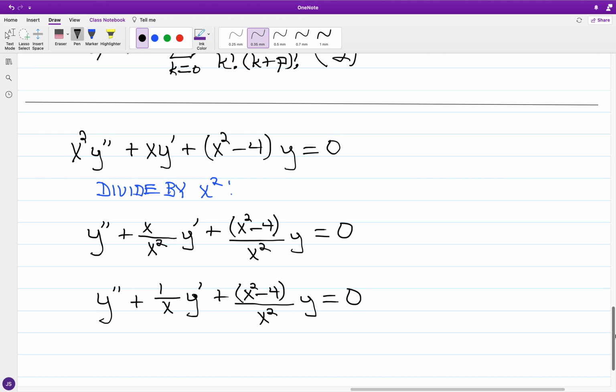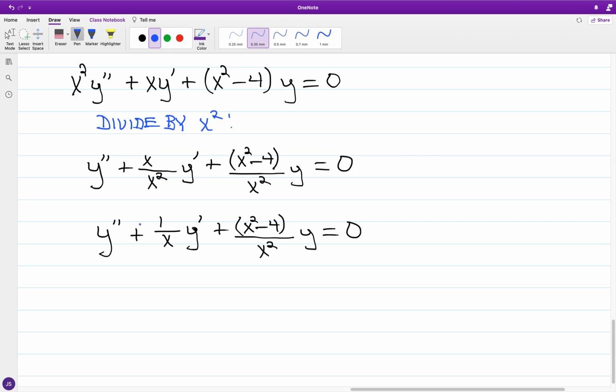So a little history repeating, at least from the first part. Your p of x is equal to 1, and your p naught, p of 0, is again going to be 1. Now for your q of x, q of x is equal to x squared minus 4.